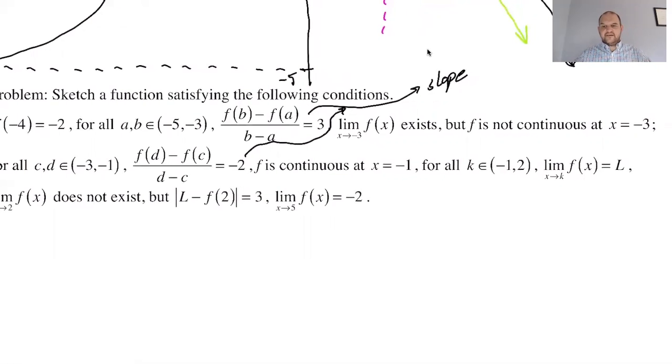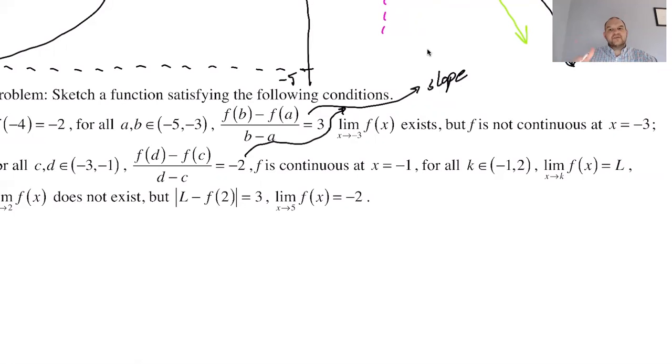For all k in between -1 and 2, the limit as k approaches x of f(x) is equal to L. So what kind of thing on an entire interval from -1 to 2 would have the exact same limit at every single x value? Think about that for a second.